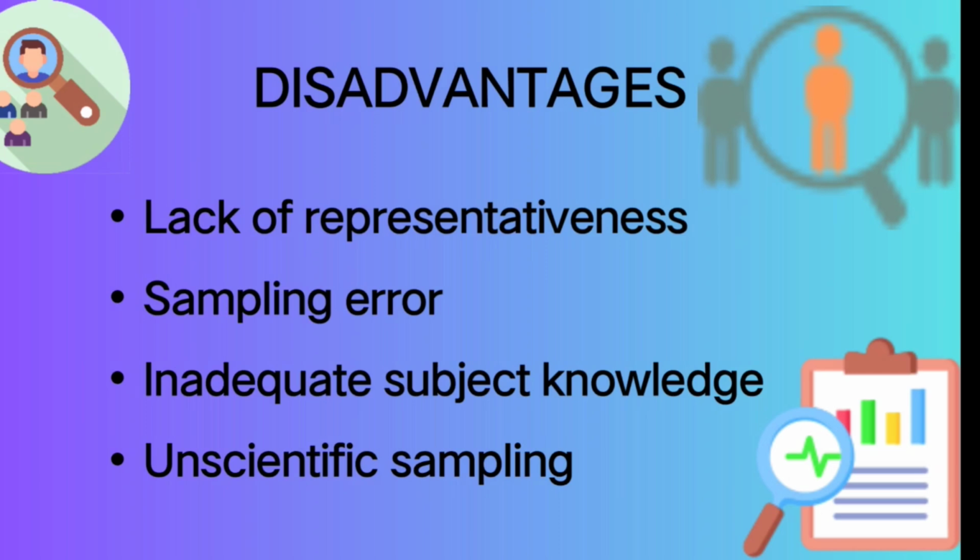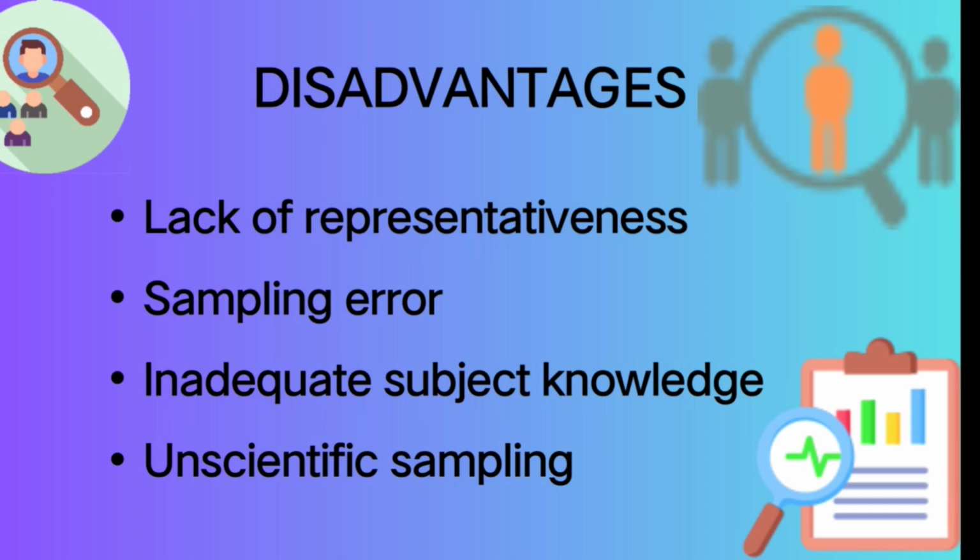Next are the disadvantages. Sometimes a lack of representativeness can happen if we are not selecting the proper sample from the population. There is a chance of sampling error if we do not have sound knowledge of sampling techniques. Inadequate subject knowledge: if a researcher has very little subject knowledge related to the research, it is very difficult to identify which sampling technique has to be used for which research study.